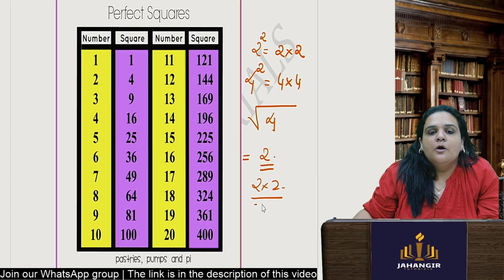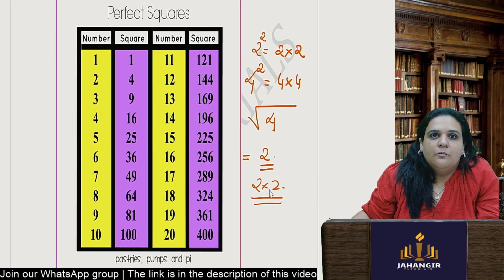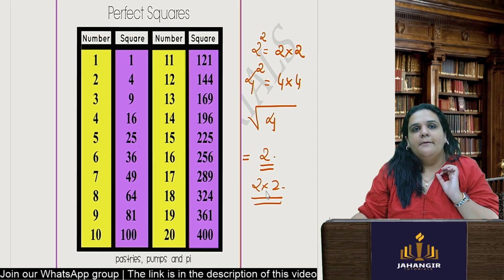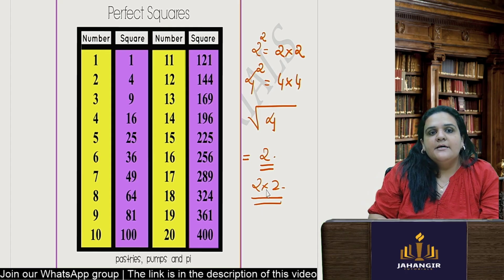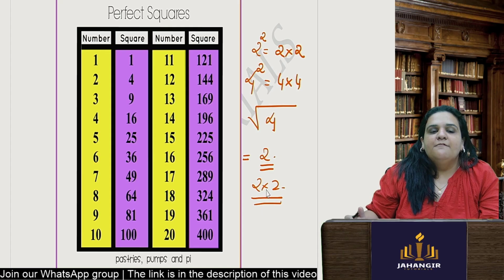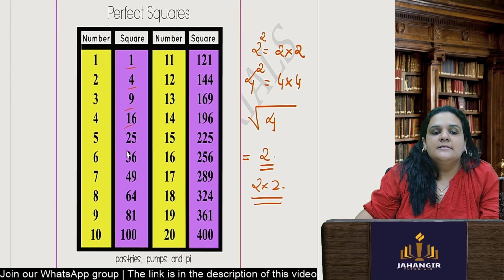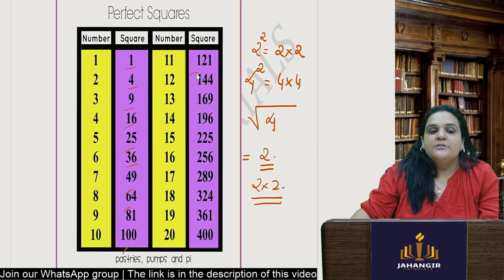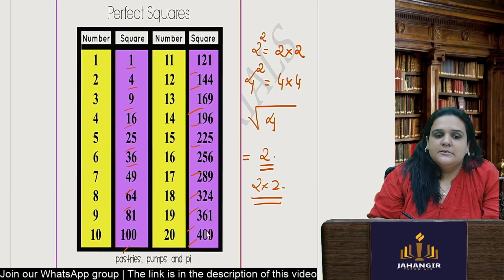So the square root of 4 will also be 2. Same number I am multiplying by itself. There are numbers which are perfect squares. So 1 into 1, 2 into 2, 3 into 3. When you have numbers like 1, 4, 9, 16, 25, 36, 49, you know that these are perfect squares. 121, 144, 169, and so forth. Many numbers, so these are all perfect squares.